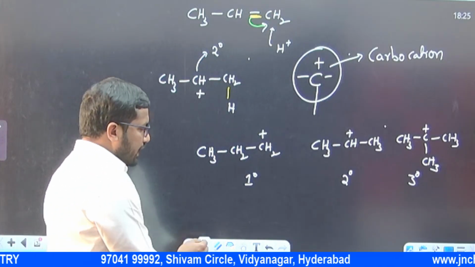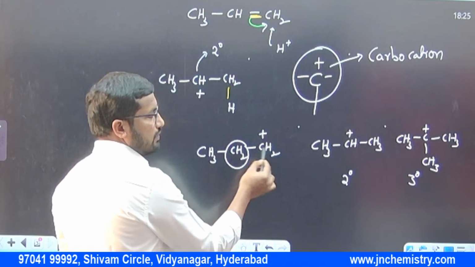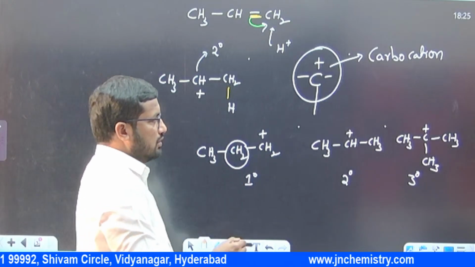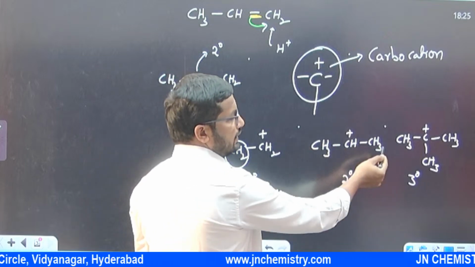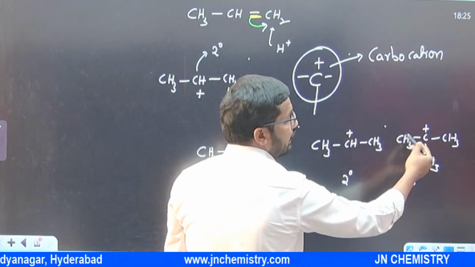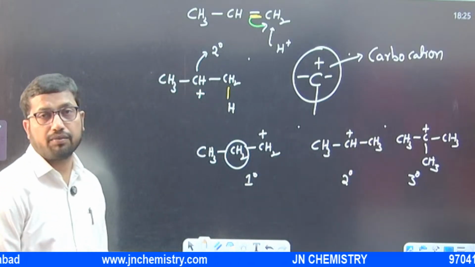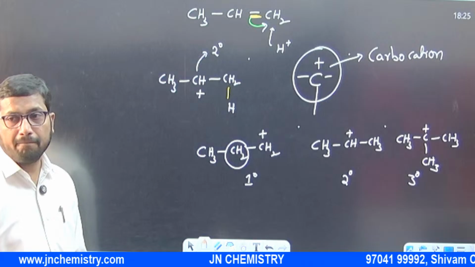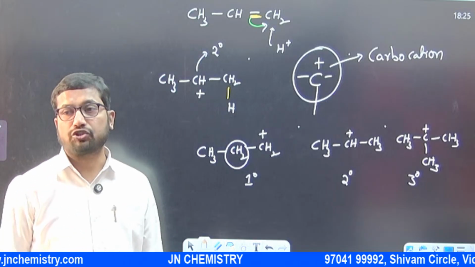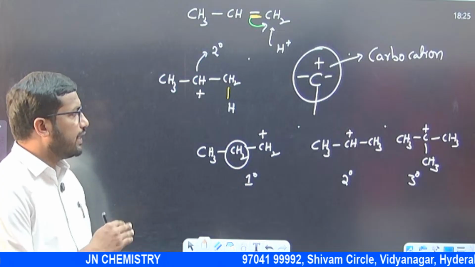The carbocation carbon attached to one carbon is a 1-degree carbon, right? Here 2 carbons are directly attached, so 2-degree. If the carbocation carbon is attached to 3 carbons, it is 3-degree carbocation. So generally, which carbocation is more stable? 1-degree, 2-degree, 3-degree?